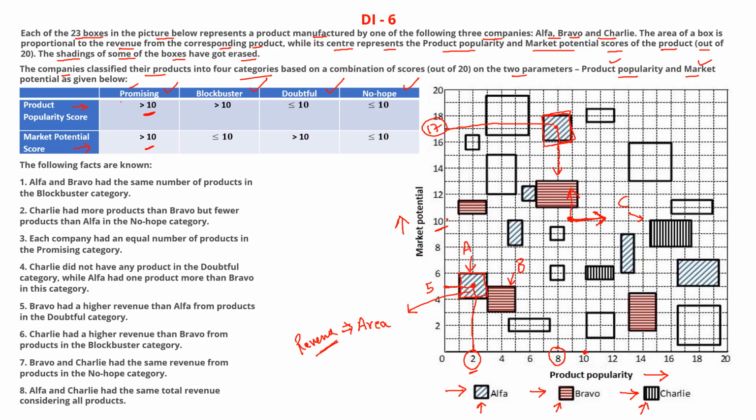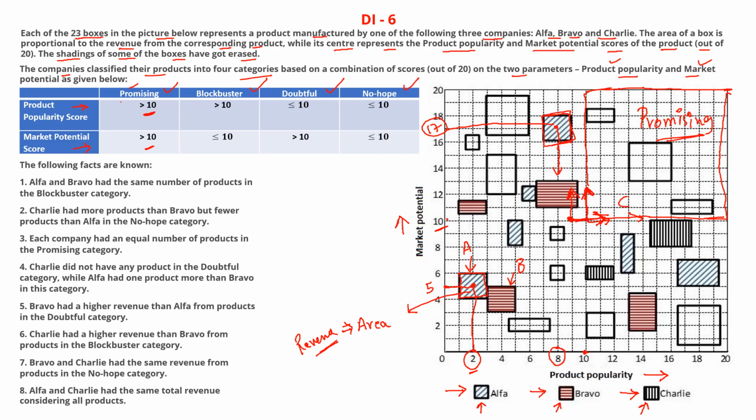That means this particular region is representing the promising category. Why promising category? Because in this region the products are having a product popularity score of greater than 10 and marketing potential score of greater than 10.